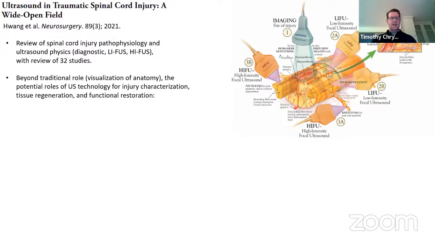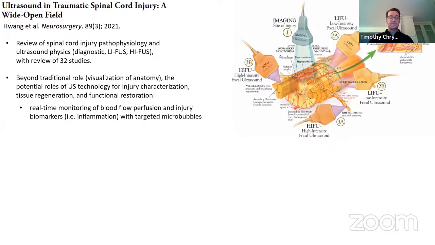It's a very brief paper, but it's very nicely organized. And the three, really trying to see what this technology can do for better characterizing the injury beyond, again, visualization of anatomy, getting into some functional imaging. What can it offer as far as tissue regeneration, and then again also as far as functional restoration.